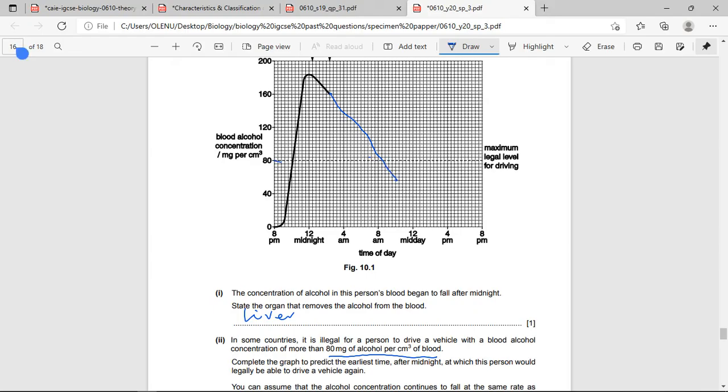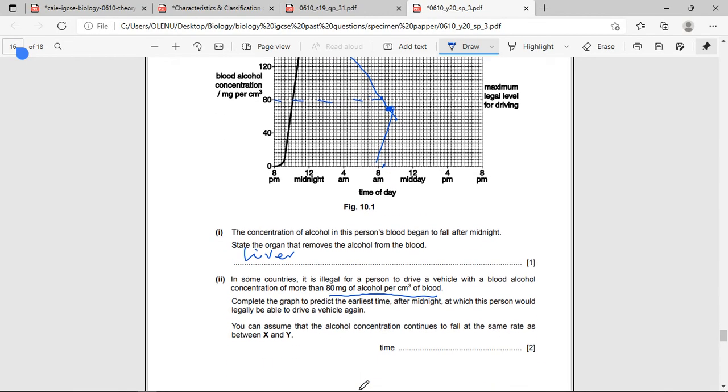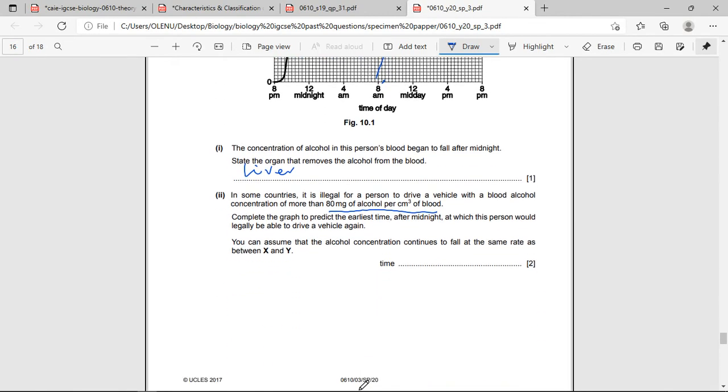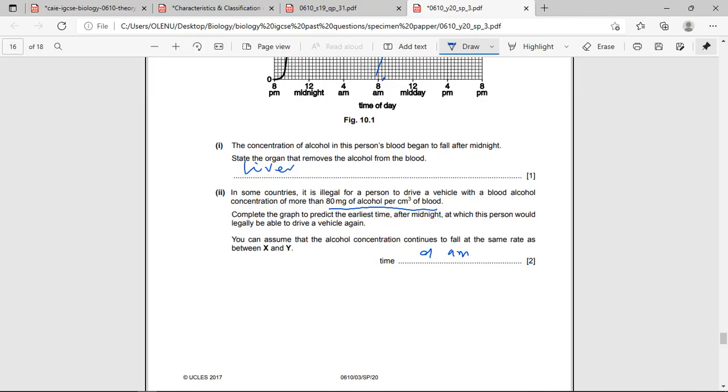So it's somewhere here. Less than 80 he will be allowed to drive. So somewhere here we should be around 9 or 10. That's all.